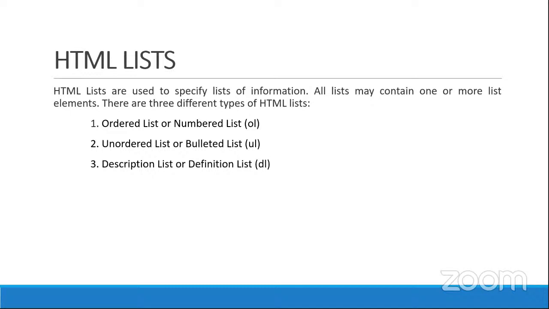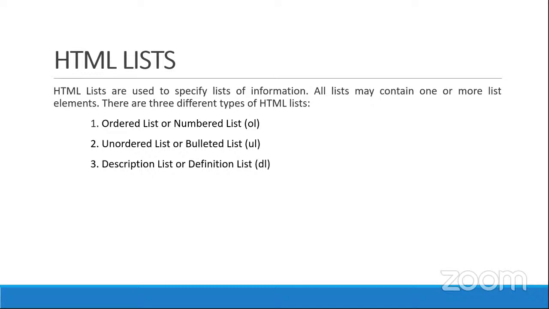Whichever tag we take, if you want to represent any data, suppose I say list items, then we must use the li tag, the list item tag, inside the ordered list tag or the other list.